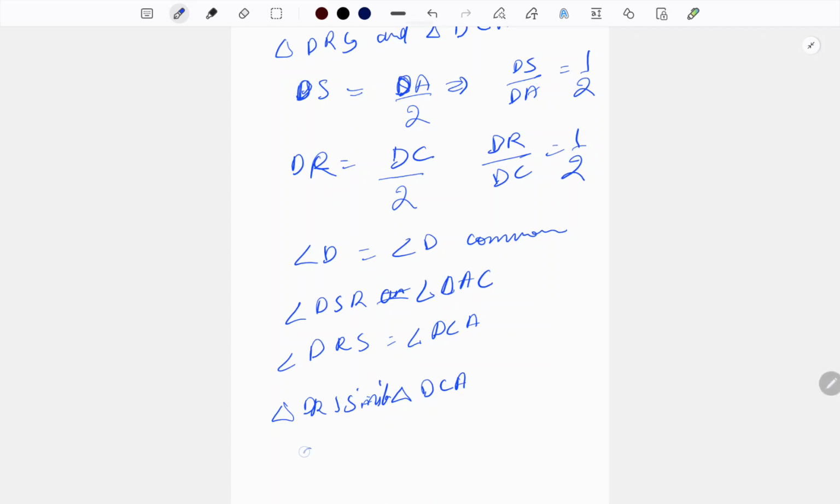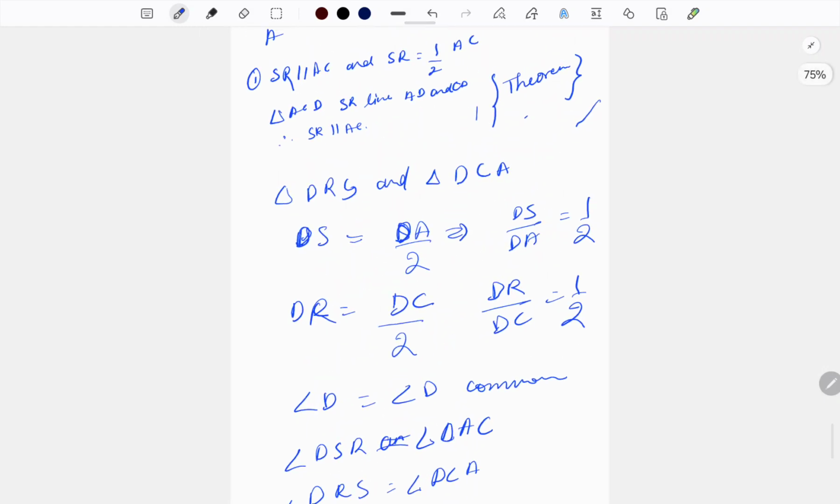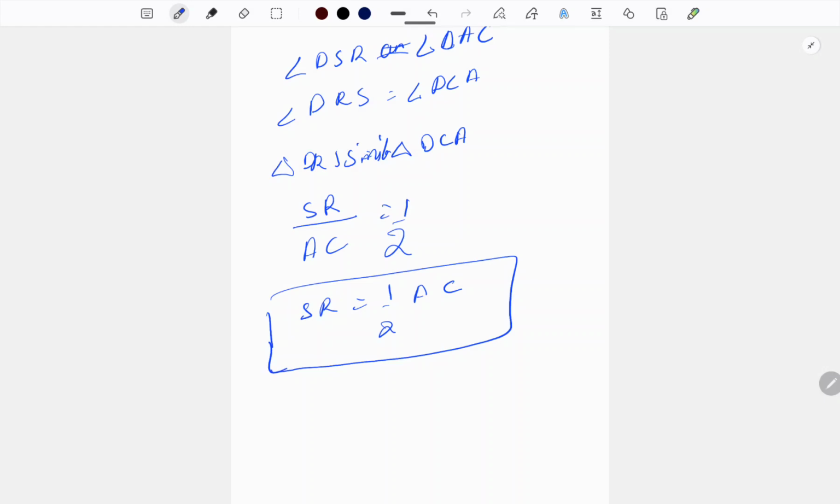So the third side is SR. So SR upon AC is equal to 1 by 2, because the above two sides have a ratio of 1 by 2. Smaller side upon larger side has a ratio of 1 by 2. So I can write it as SR is equal to 1 by 2 of AC, and this is what we had to prove. So here we have got a new concept of similarity.